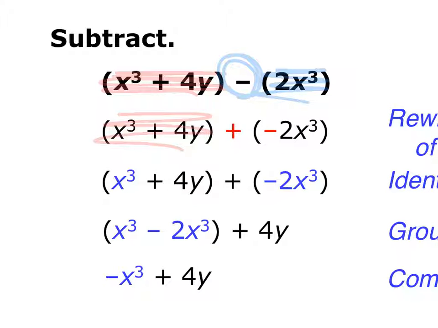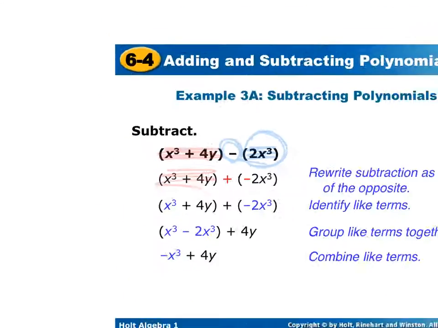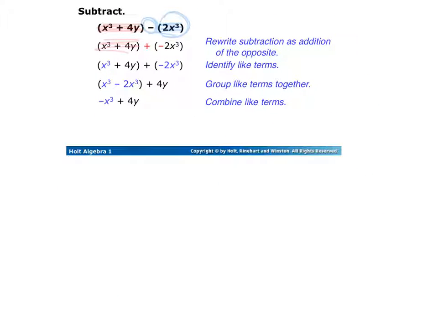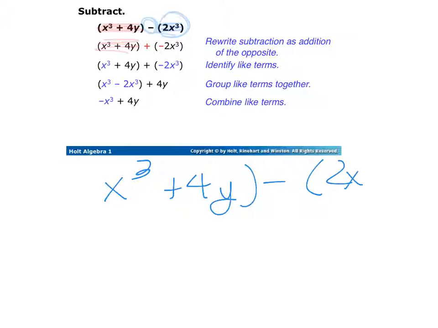And then everything that's in the second parenthesis, I make it an opposite sign. So for this one, it was pretty basic, and you could see what to subtract. So x to the third plus 4y in the parentheses minus 2x to the third. So I'm going to keep my first polynomial the same.